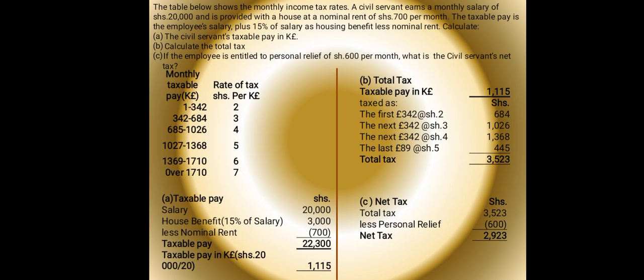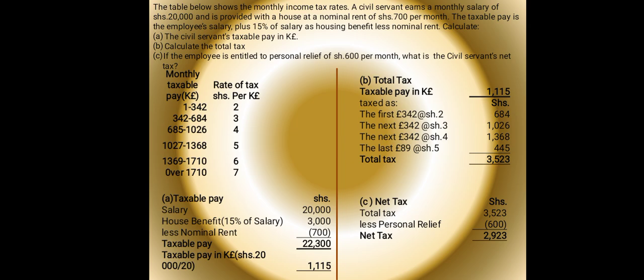The table below shows the monthly income tax rates. A civil servant earns a monthly salary of 20,000 shillings and is provided with a house at a nominal rent of 700 shillings per month. The taxable pay is the employee's salary plus 15% of salary as a housing benefit less nominal rent.